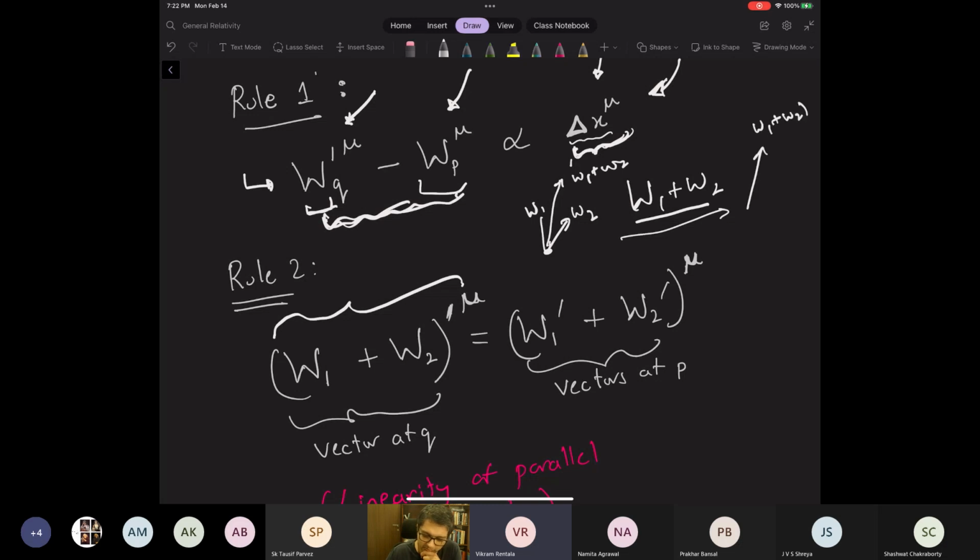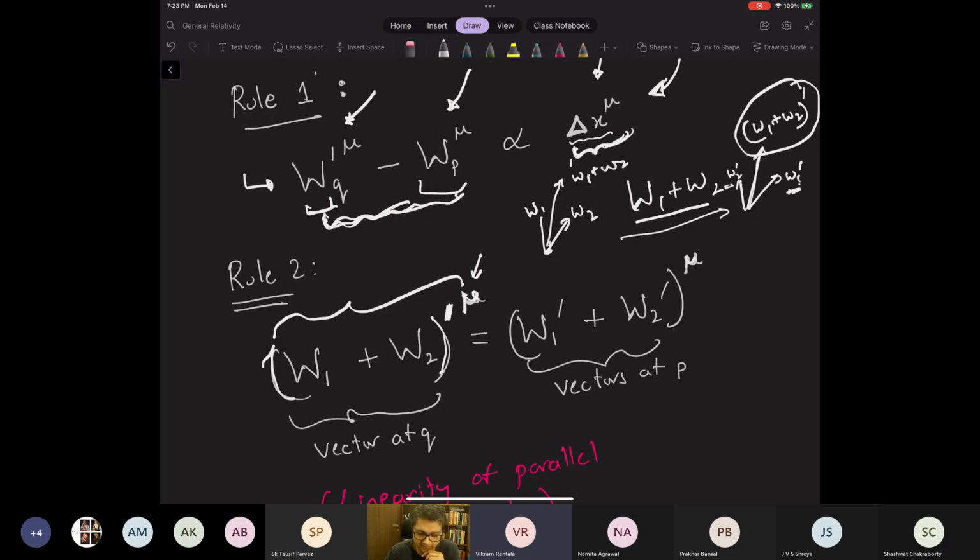What we want is, again in this particular coordinate system, that the component mu of w1 plus w2 prime should be equal to the following: take w1 prime, the transported w1, and w2 prime, the transported w2, add these two vectors together, and take the muth component of that.